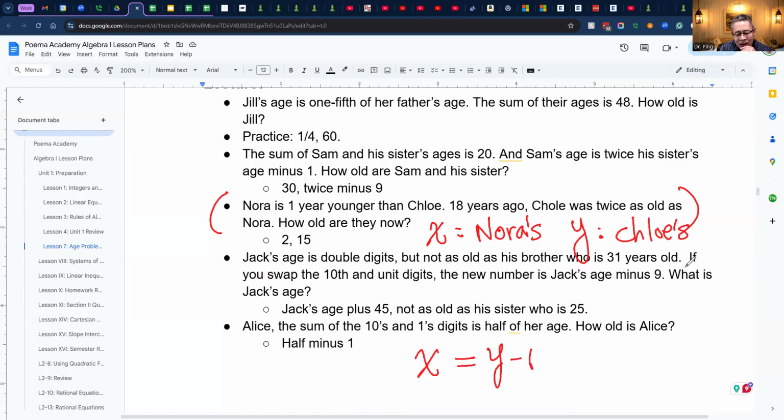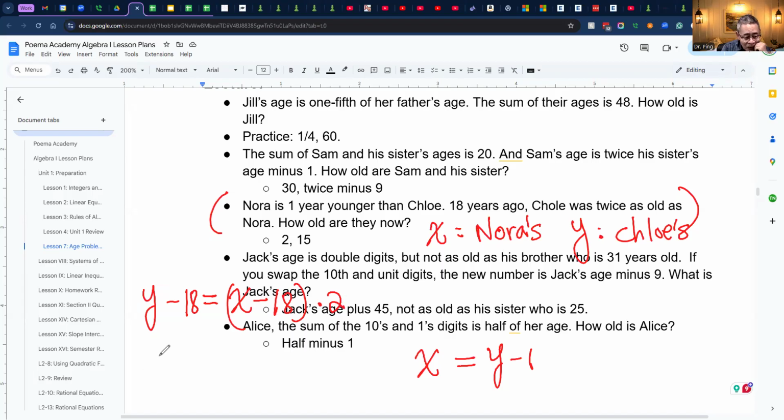But 18 years ago, Chloe was twice as old as Nora. Oh, 18 years ago, how old is Chloe? Well, that would be y minus 18, right? And 18 years ago, Nora will be x minus 18, but we said that Chloe was twice that back then, so times 2.